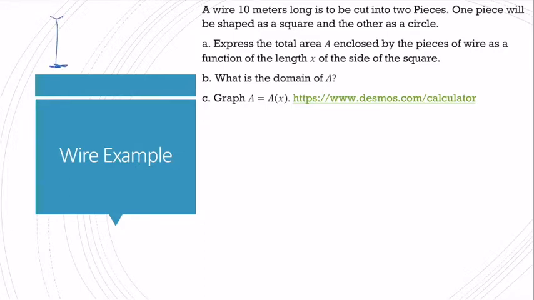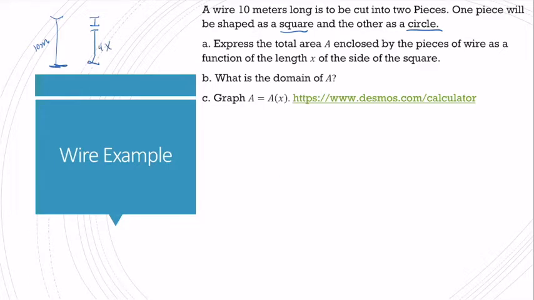Okay, so let's say I have a wire that's 10 meters long. This is 10 meters. And it's going to be cut into two pieces. One piece is going to be shaped as a square and the other as a circle. And I want to express the total area enclosed by the pieces of wire as a function of the length x of the side of the square.